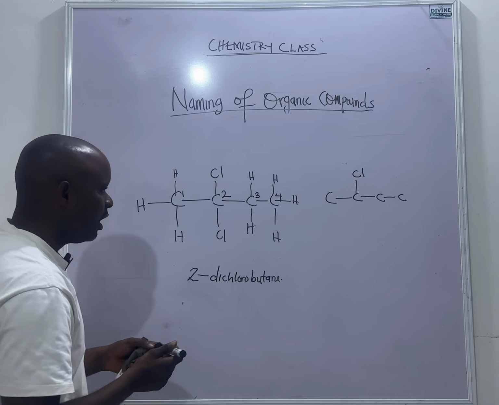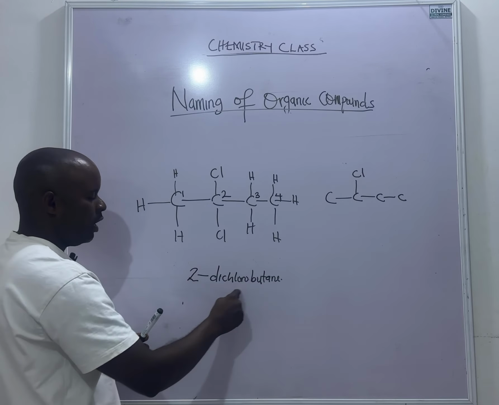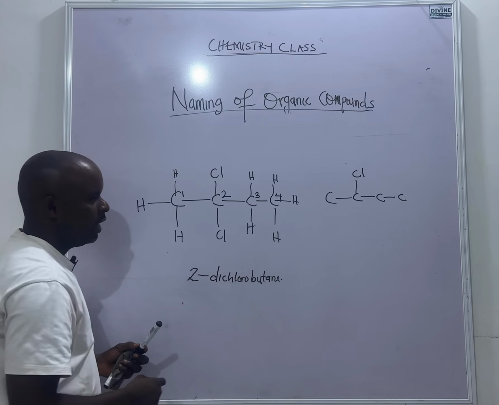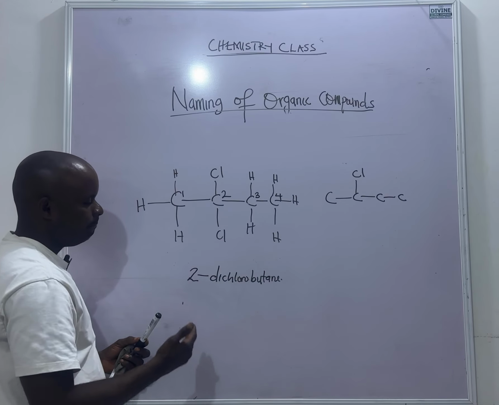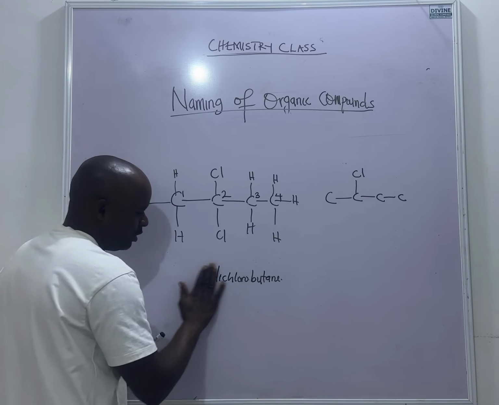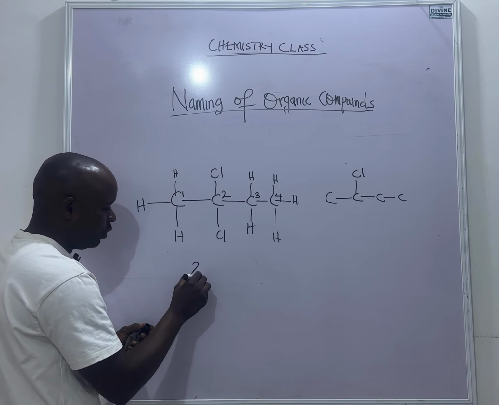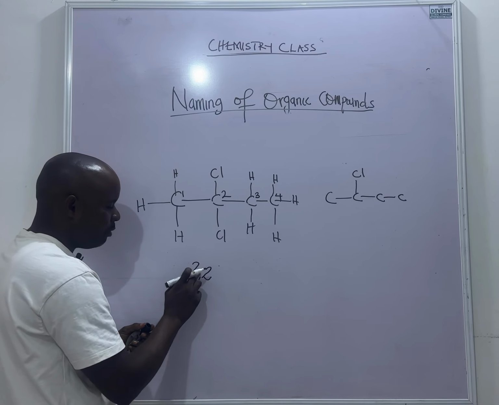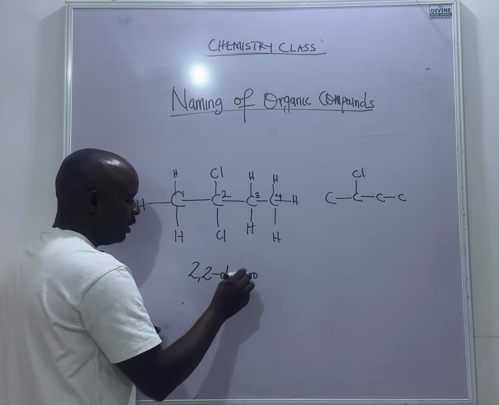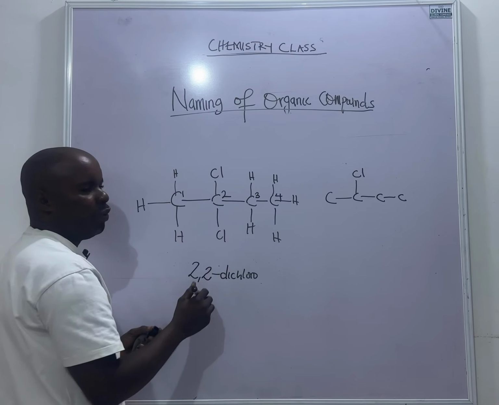So we can make a simpler and clearer naming by adding a value: at carbon 2 we have 2 chloro. That means at carbon 2 we have the two chloro groups attached to it, 2,2-dichloro.